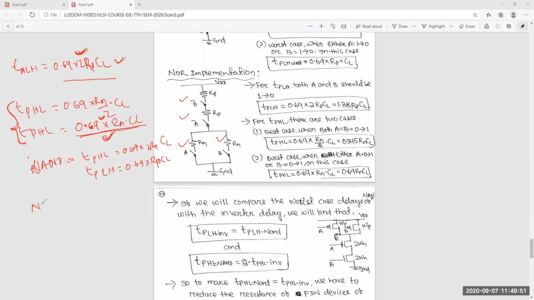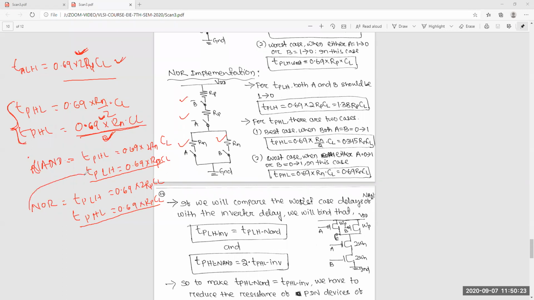But in NOR, this is very important, TPLH is 0.69 into 2 Rp CL and TPHL is equal to 0.69 into Rn CL.